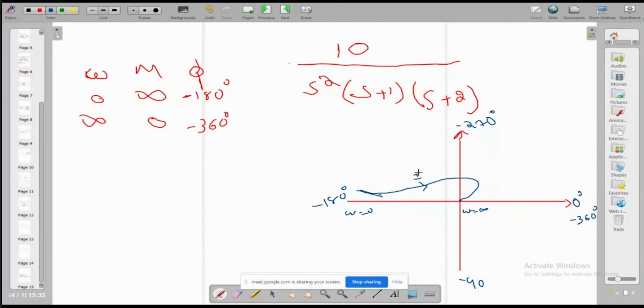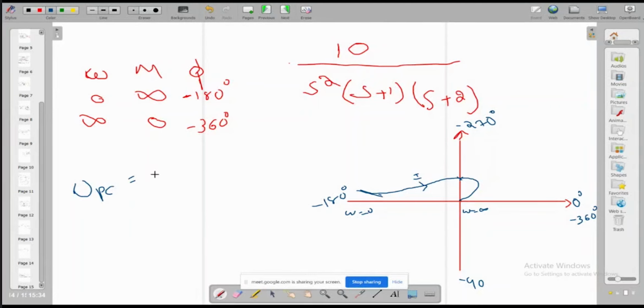Then you have to find out this intersection point. Whether you are going to make the imaginary part 0 or the real part 0? Imaginary equal to 0, you will find out omega PC, the phase crossover frequency.